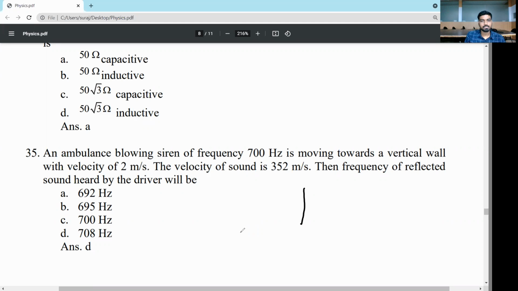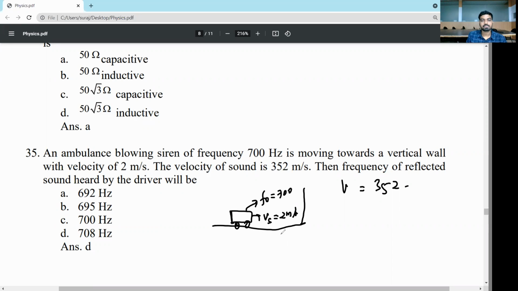So there is a vertical wall, and there is an ambulance blowing a siren of 700 Hz. F naught is given as 700. It is moving towards the wall with velocity of source 2 meter per second. The velocity of sound V is 352.